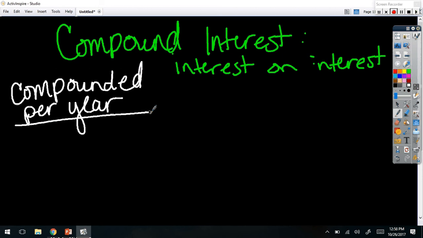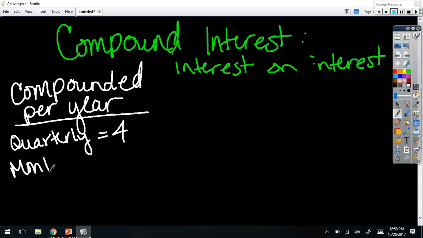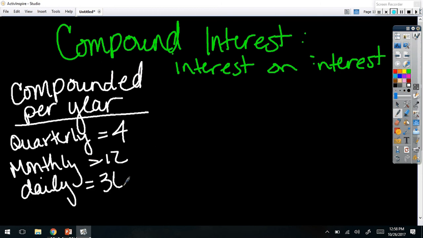If they told you that it was compounded quarterly, how many times per year? Four times. How about monthly? 12. How about daily? 365. Okay, and we could keep going. Weekly? 52.